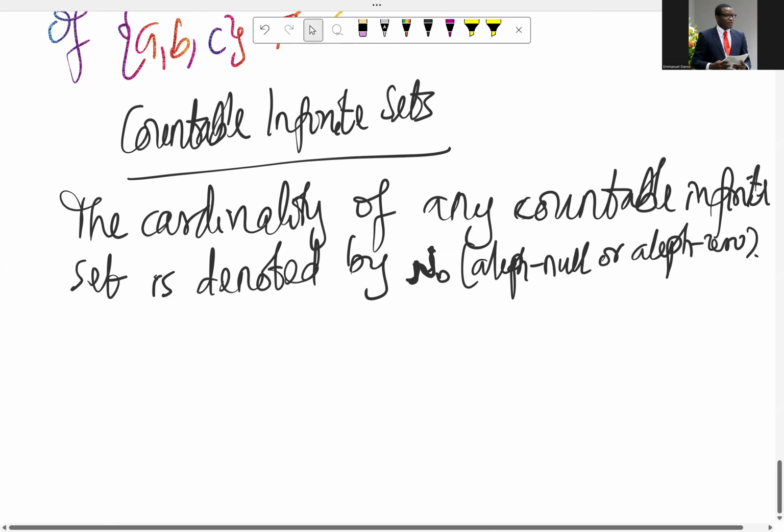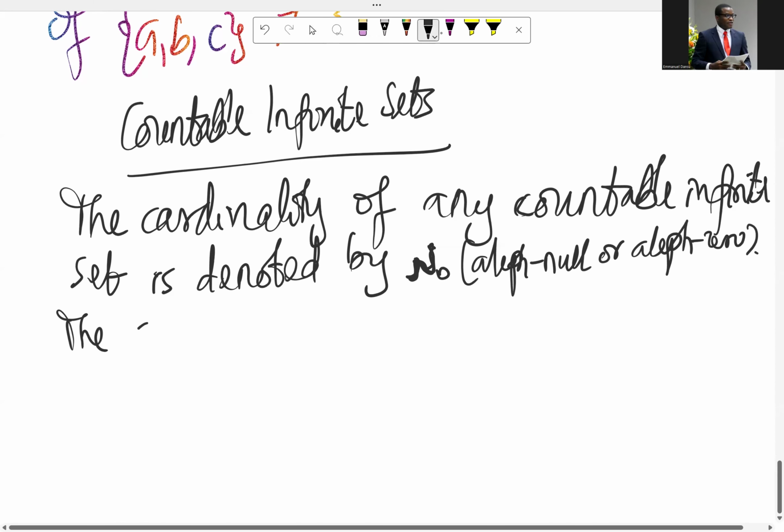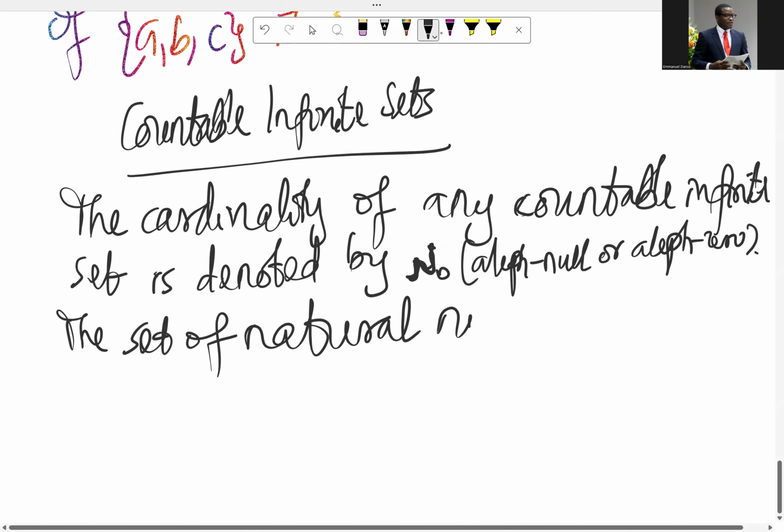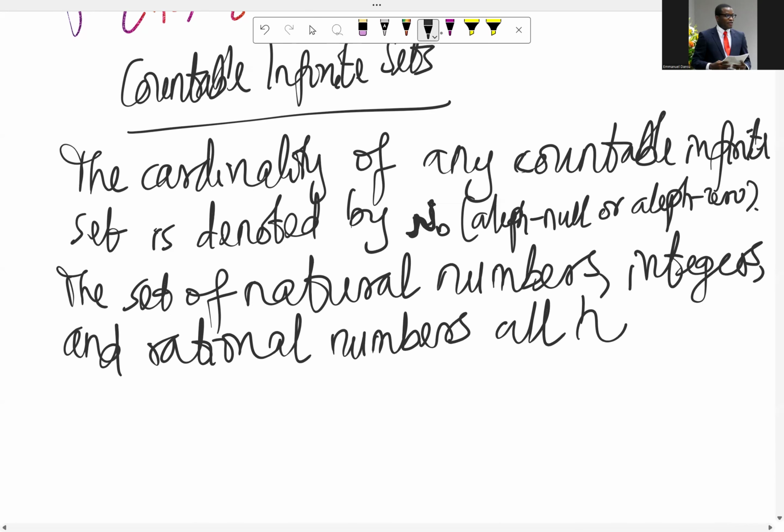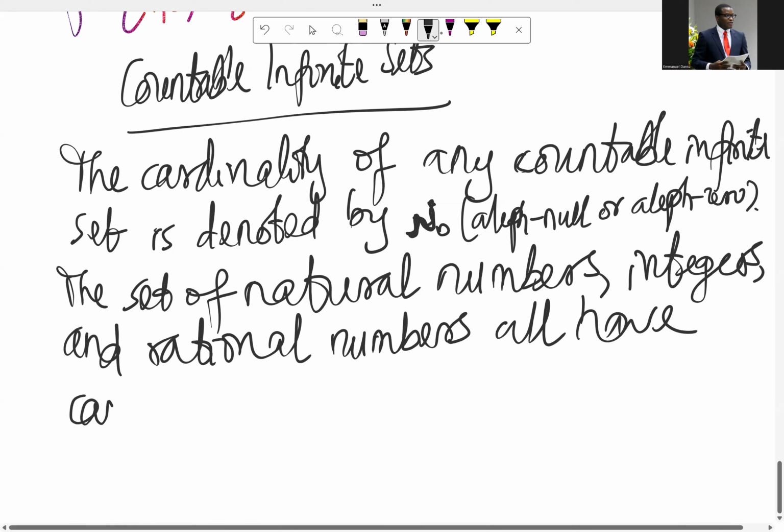The set of natural numbers, integers, and rational numbers all have cardinality aleph null.